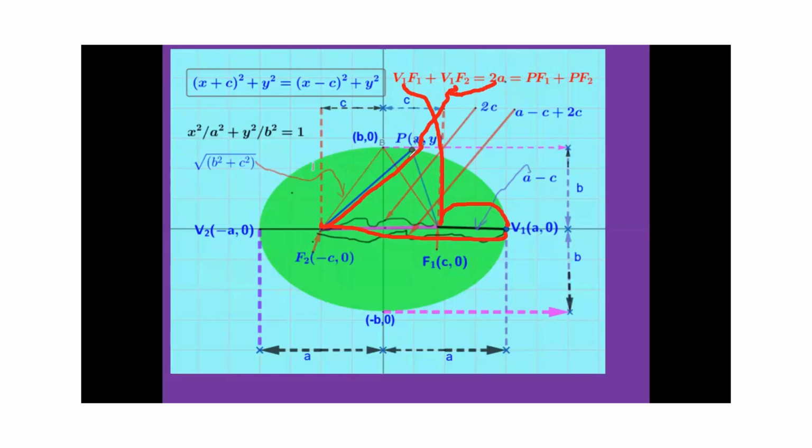Assuming that V1 is on an ellipse, the distance from V1 to F1 plus the distance from V1 to F2 equals 2A.